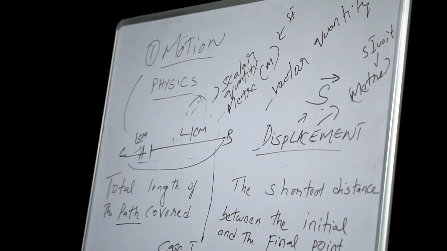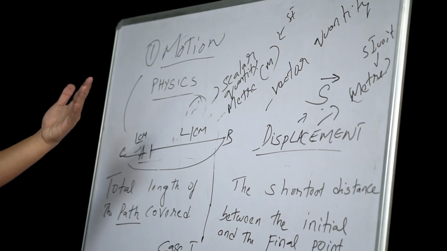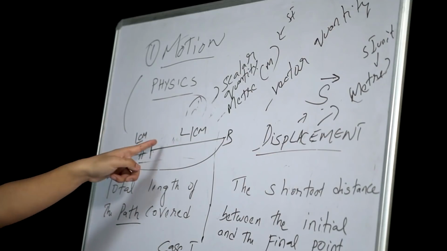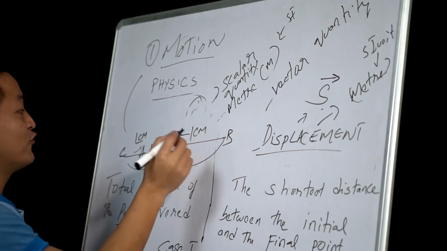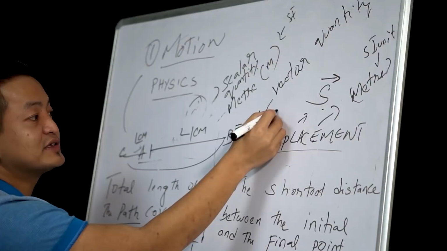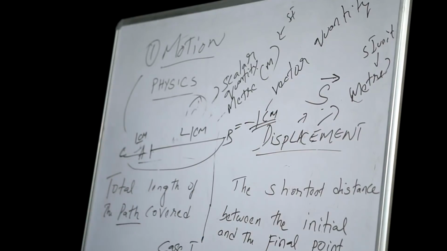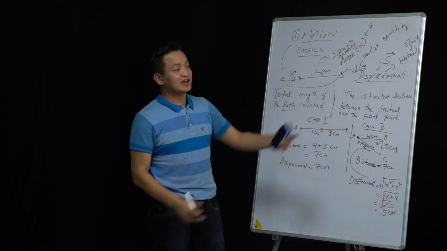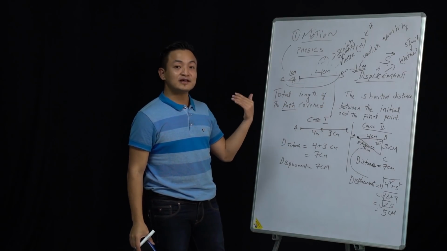So in this case, in the graph, as you have learned, if we go towards this side, that means it will be minus. So the answer that you'll get here is minus 1 centimeter. So displacement can be negative since it has a direction. And direction towards going this side will be negative.